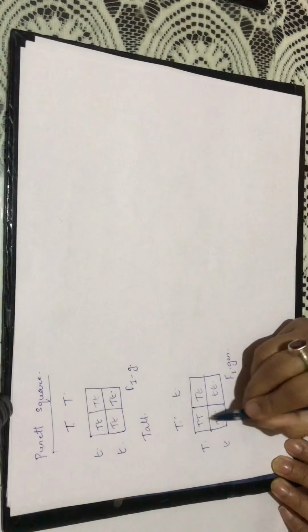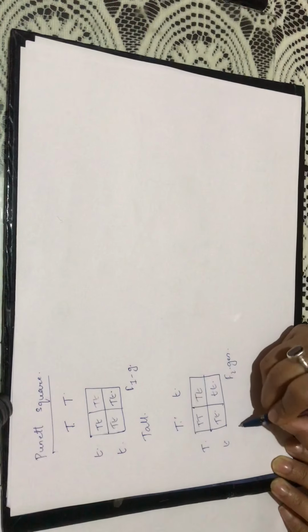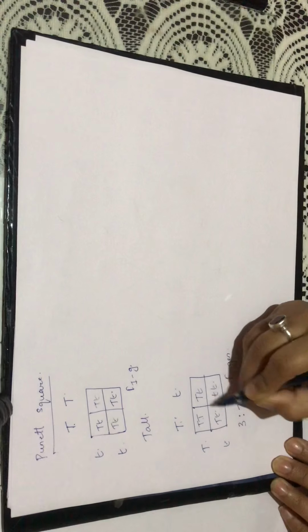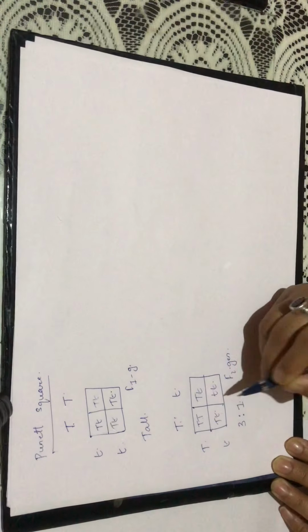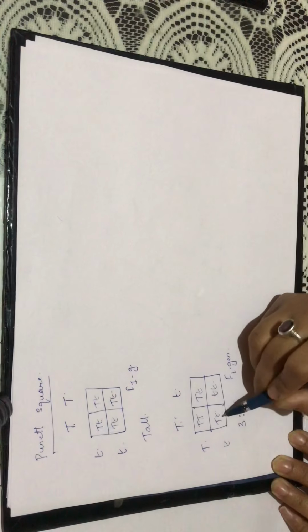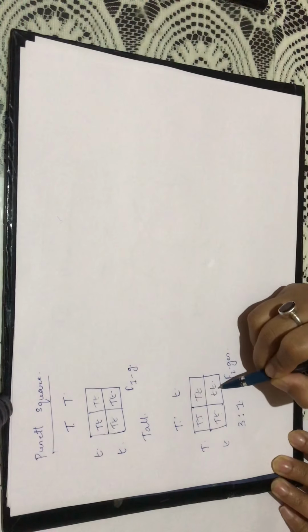In the F2 generation, the ratio will be 3:1, because 3 of the plants will be tall and 1 will be dwarf. But out of these 3, 1 is homozygous tall, 2 are heterozygous tall, and 1 is homozygous dwarf.